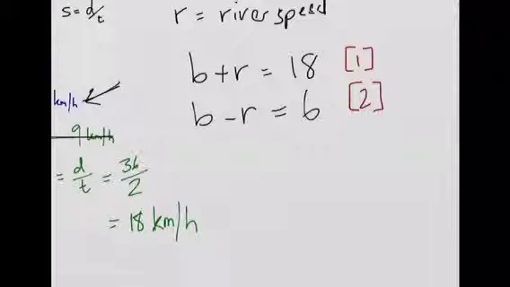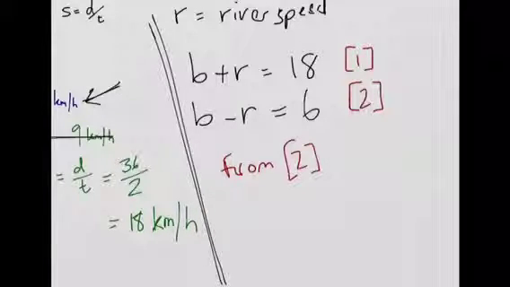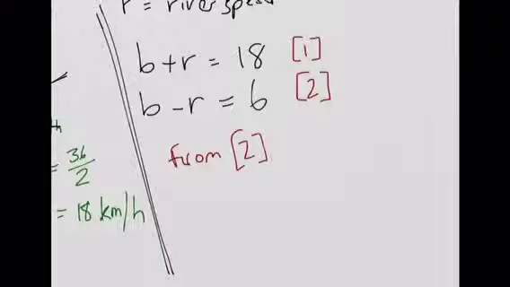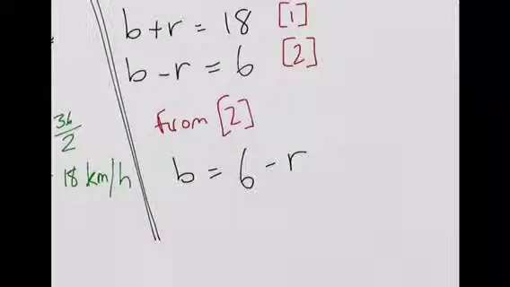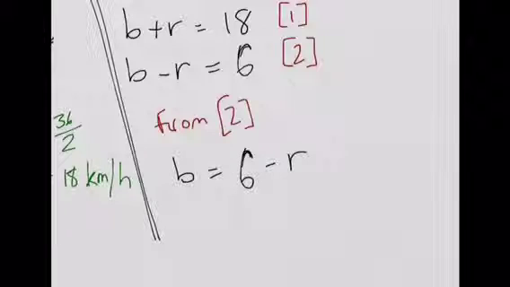From equation 2, subtract R from both sides, B equals 6 minus R. Now when you're using B's as your variables and 6's, just be careful to write them so they look different. You can curl your 6's over or something. B equals 6 plus R, because I'm adding R to both sides of equation 2.